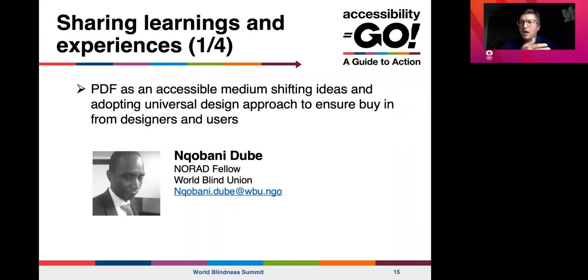As you download the guide, you will also be able to download the checklist that you can use to work with your designers, to help other organizations or even your own organization, people working in communication, web design or content development, to get some guidance on ensuring PDF accessibility.